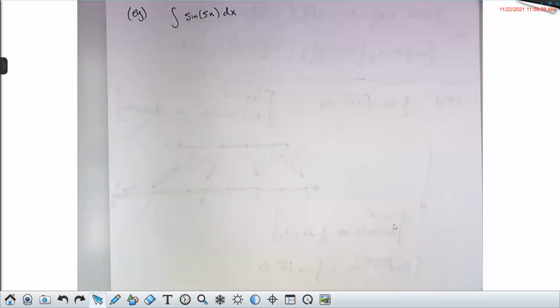Let's look at some more examples. Suppose I want to integrate sine of 5x. Well, I know the antiderivative for sine of x, but I don't know the antiderivative for sine of 5x.